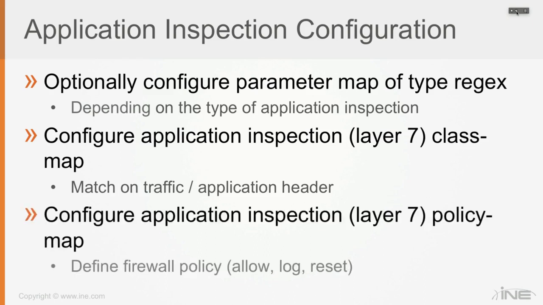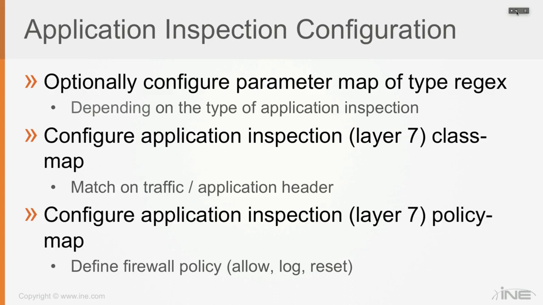And then you configure an application inspection policy map, a layer 7 policy map of the same type for the same protocol, and then you define the firewall policy. So in the layer 7 policy map, you bind the layer 7 class map and define the firewall policy. Okay, so now that I match on the application header with the class map, what do I want to do if I match traffic on that?